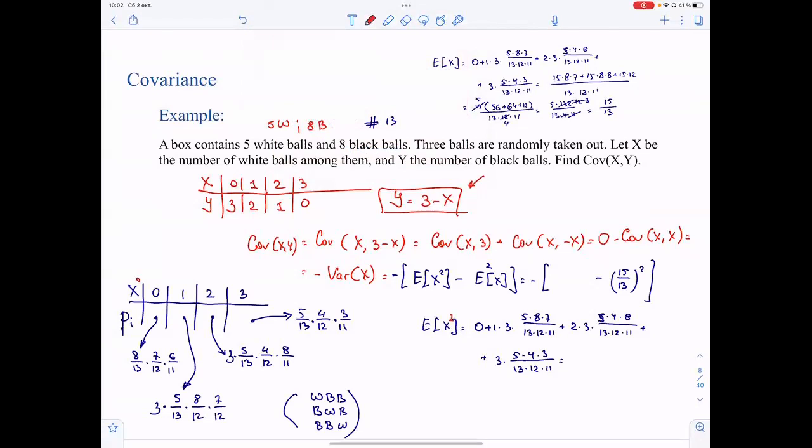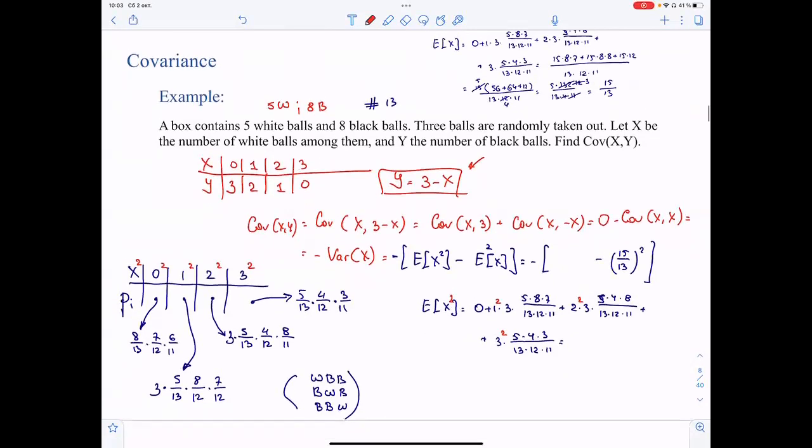If I square these values, the probabilities actually stay the same. And then I have 1 squared here, 2 squared here, and 3 squared here. So this slightly modifies the elements, and let's see what it gives me then.